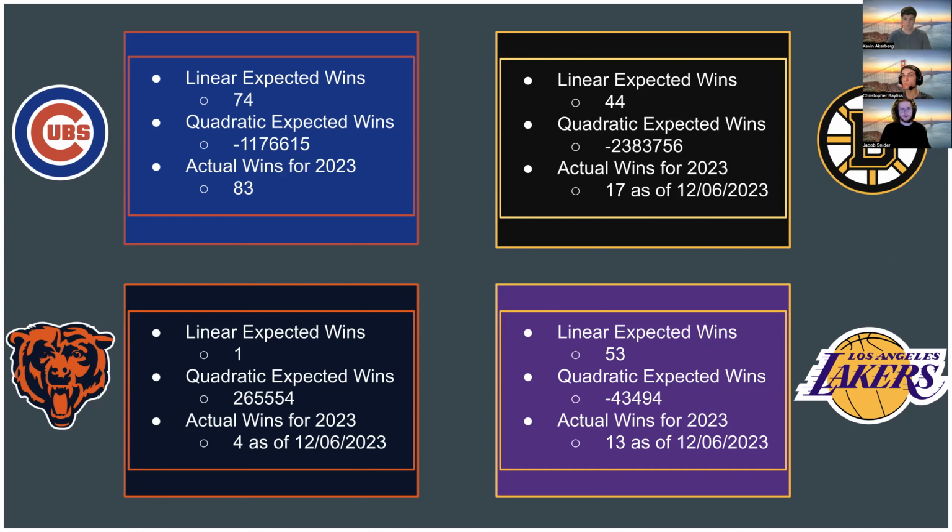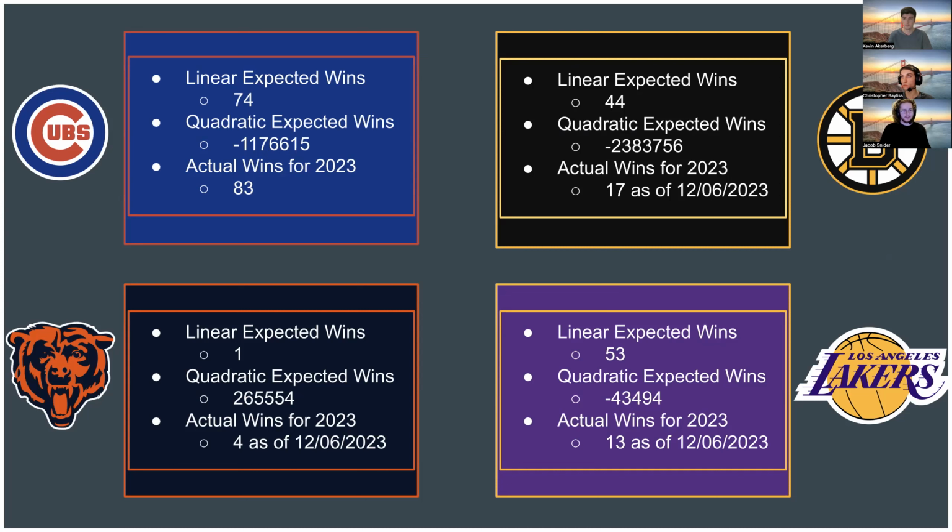For the Boston Bruins, the linear expected wins was 44, and the quadratic expected wins were some large negative number. We have yet to see if this will actually be a reasonable metric for this upcoming season, but it looks like they're most likely going to win more than 44 games.